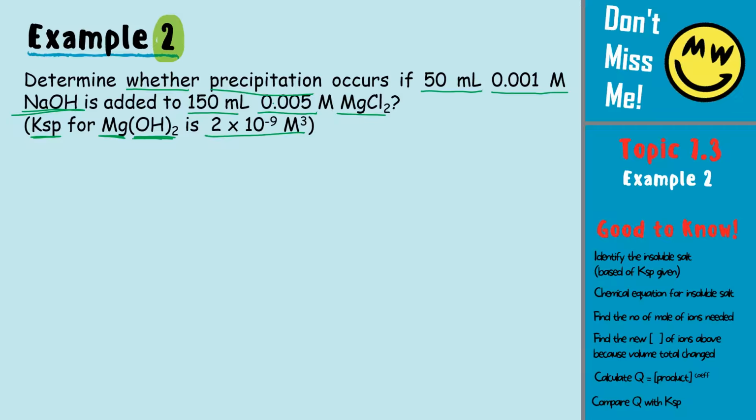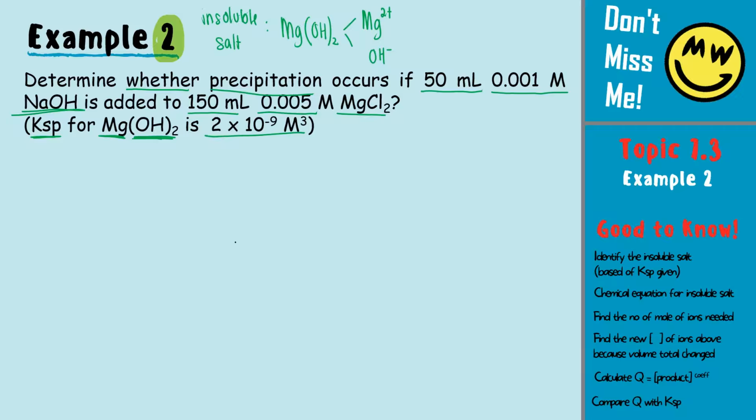So guys, who is the insoluble salt? Simple and straightforward. The insoluble salt over here is the one with the KSP given, which is your magnesium hydroxide. Okay? And the magnesium hydroxide will be formed due to the ion of your Mg2+ and your OH-. So, you already can see which ion am I looking for.